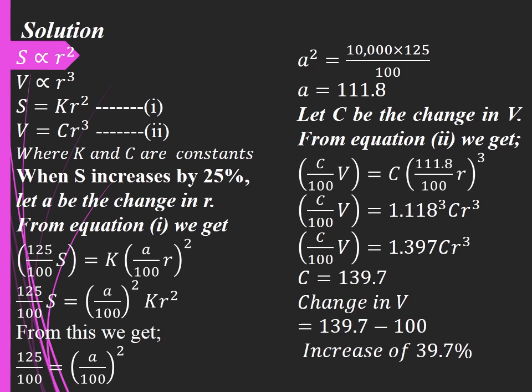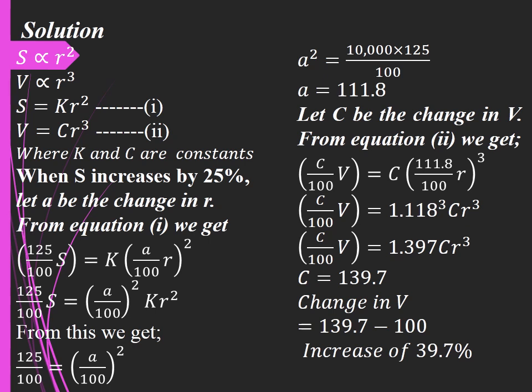Then from equation 1, we will get 125 over 100 S is equivalent to k into bracket A over 100 r, squared. This gives us 125 over 100 S is equivalent to A over 100 squared k r squared.